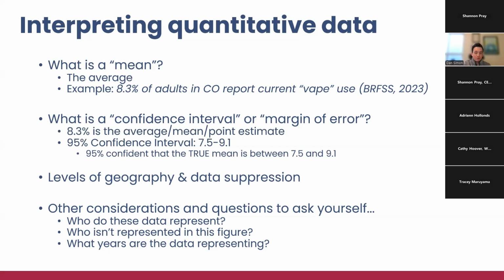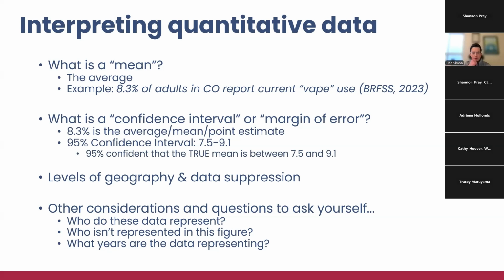And we're then really dang certain that if we had the time and the money to talk to every single person, it would fall between 7.5 and 9.1. So that's like nuts and bolts. You should always find a mean and a confidence interval on any data dashboard that has quantitative data.